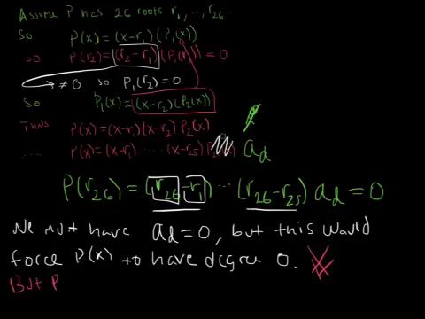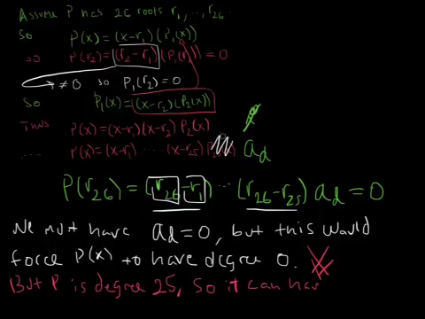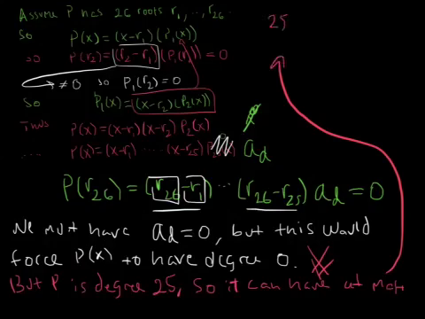But p is degree 25. So the most number of roots it can have, I'm running out of space here, I'll finish it up here, is at most 25 distinct roots.